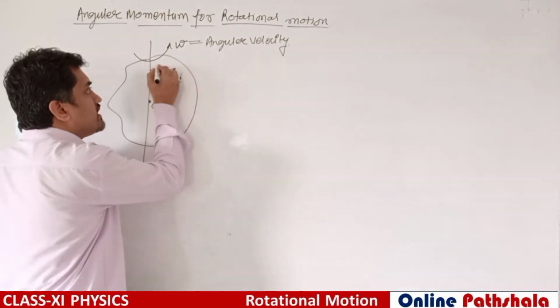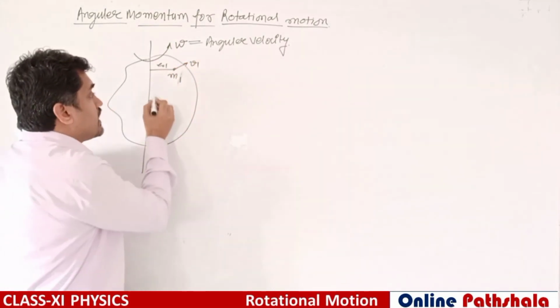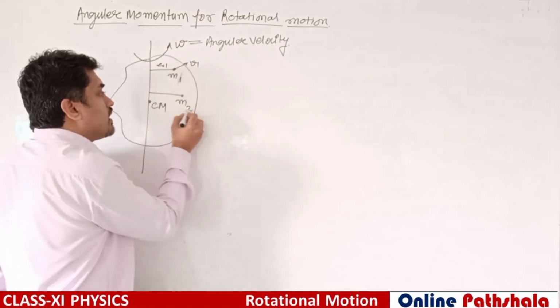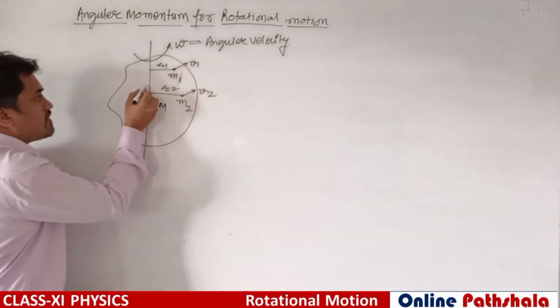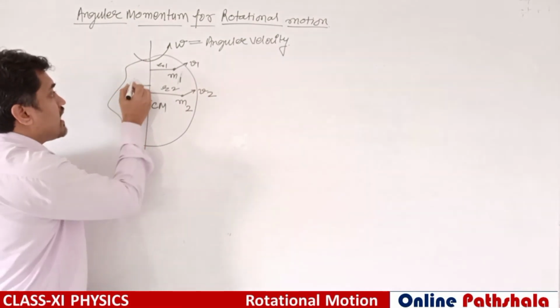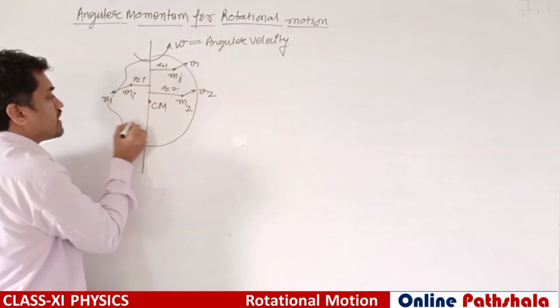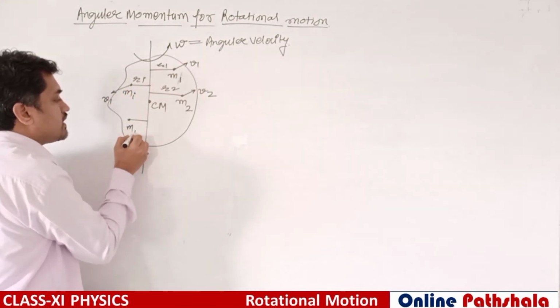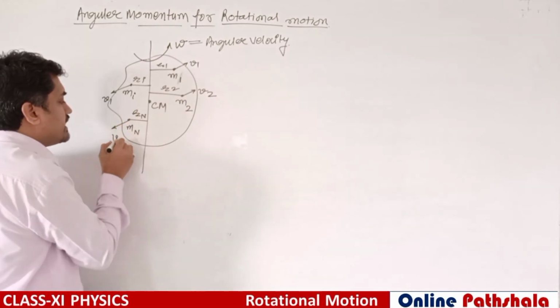So m1 having distance r1 moving with velocity v1, m2 having distance r2 moving with velocity v2, the same as mi, the ith particle, having distance ri and velocity vi, mn the nth particle, rn, velocity vn.